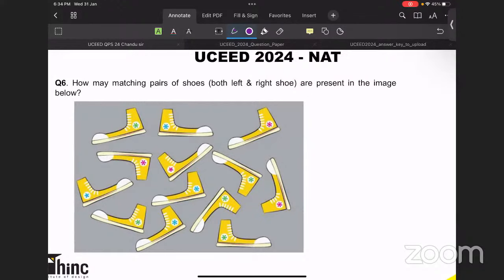So assume this is a left. How many stripes here? One. I marked L7. Next, similarly, just count for the others also. That is what we are going to do now.